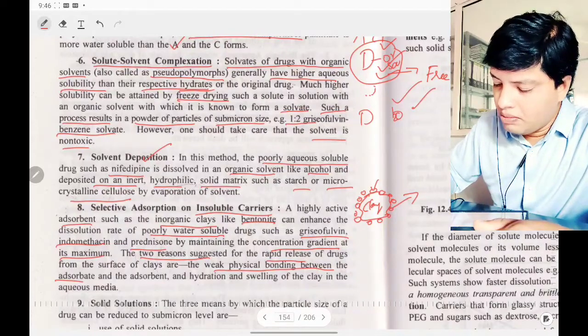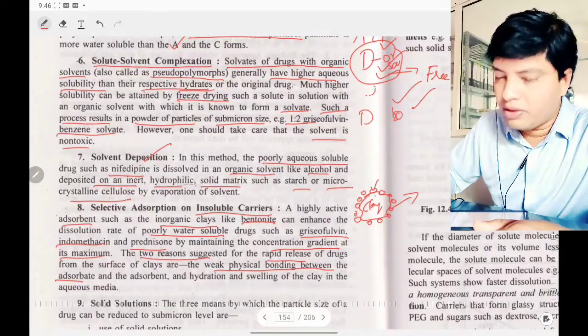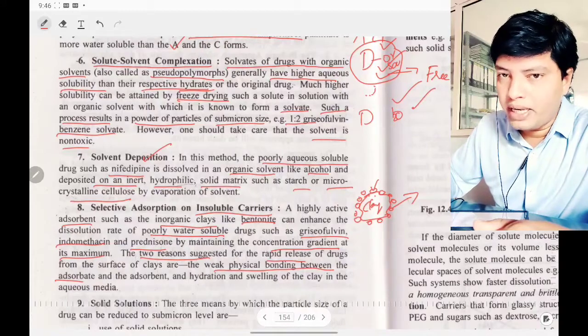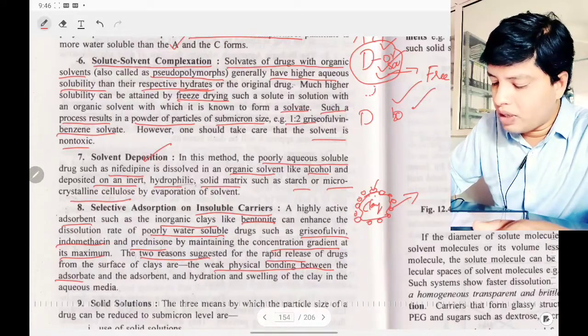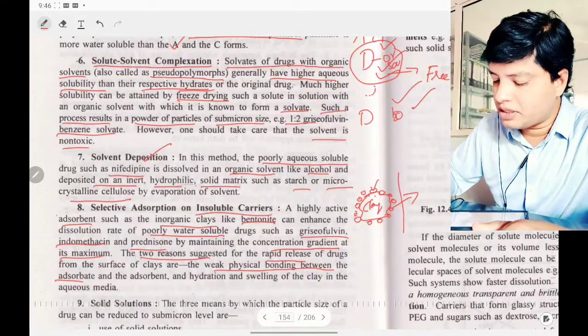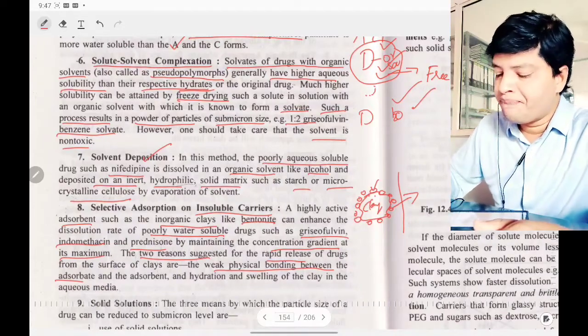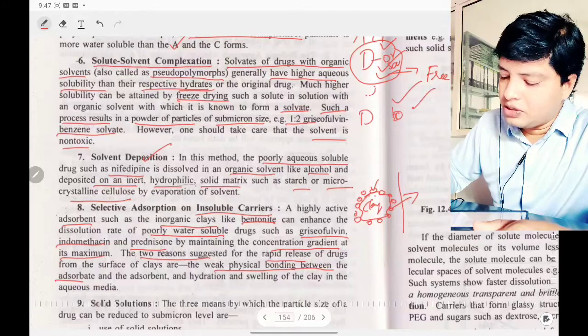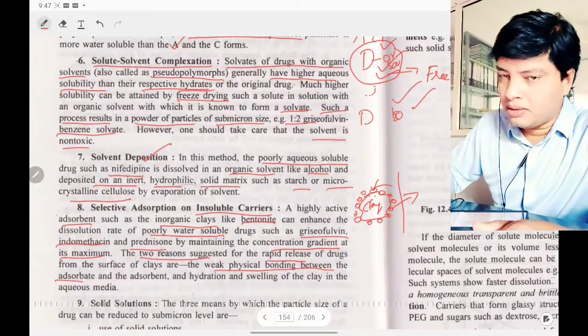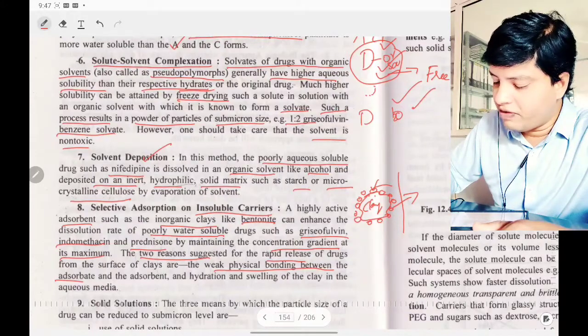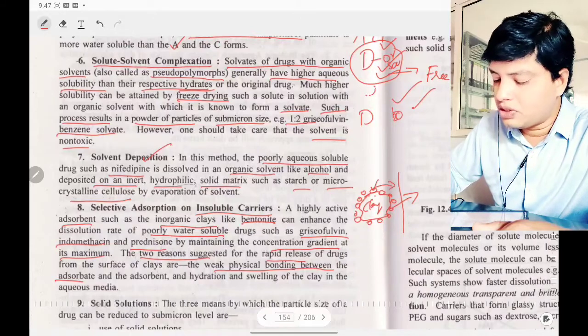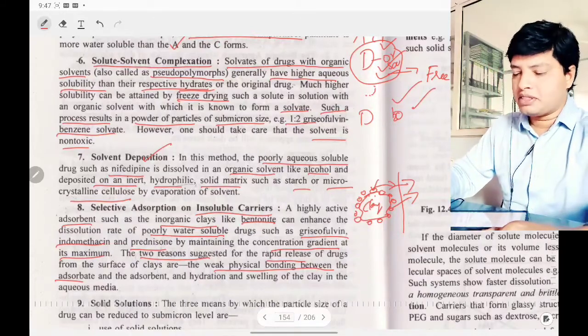Now the bond between griseofulvin and bentonite, adsorbent and adsorbate, is very weak. Due to this, when I take it orally in the GIT, due to the weaker bond, this griseofulvin will come to the solution form and it will enter the systemic circulation.